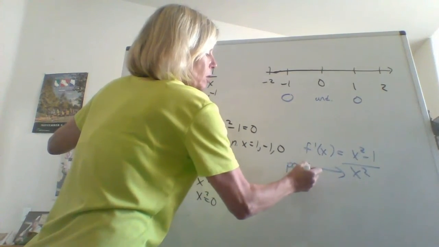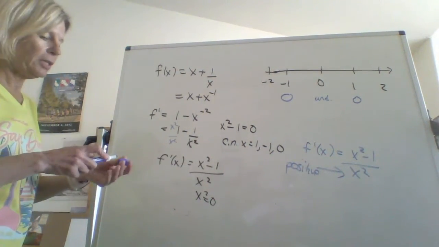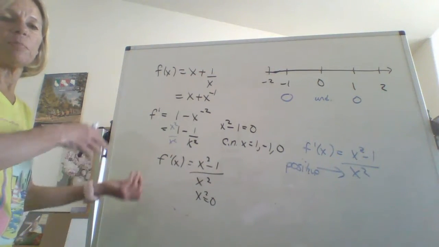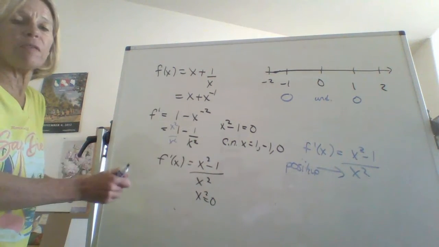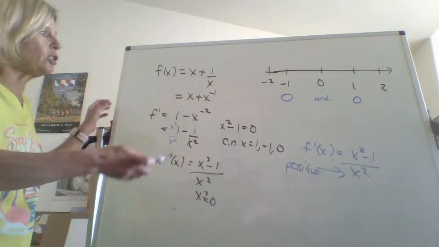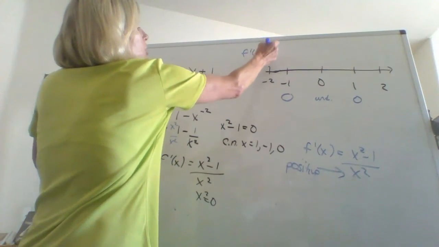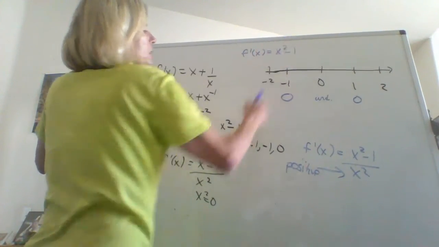Since x squared is always positive, I'm not going to worry about substituting into that to see if my derivative is positive or negative, because if I divide by a positive number, that does not change my answer. So I'm going to look at what happens just with x squared minus 1.